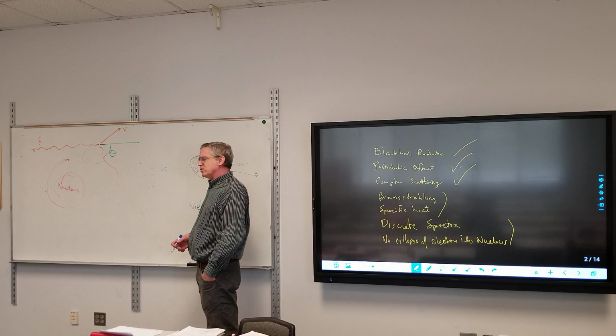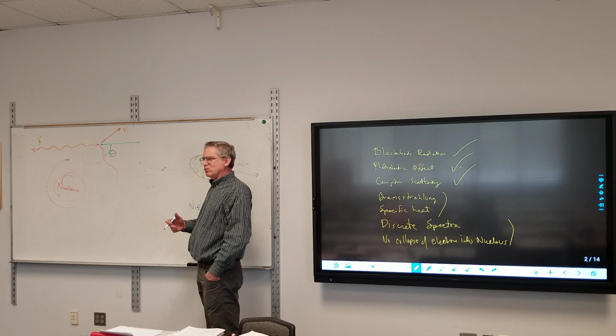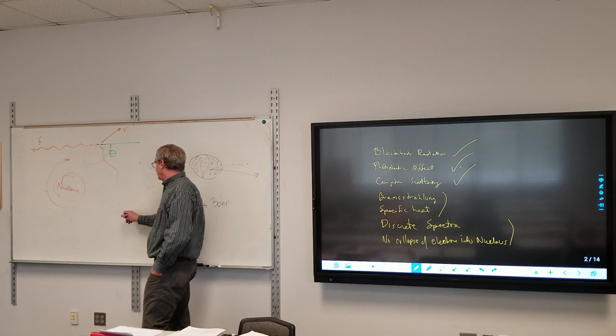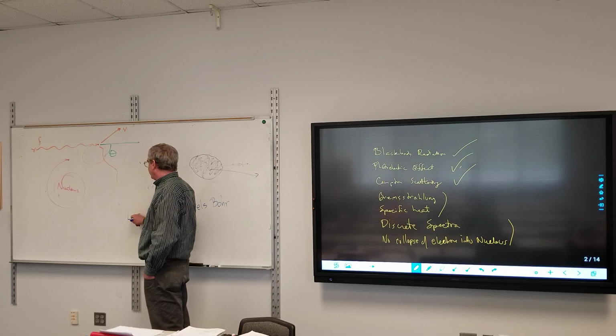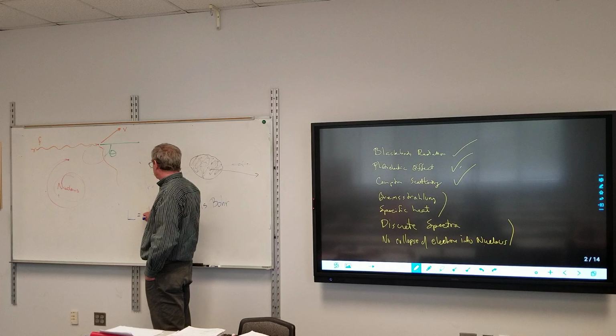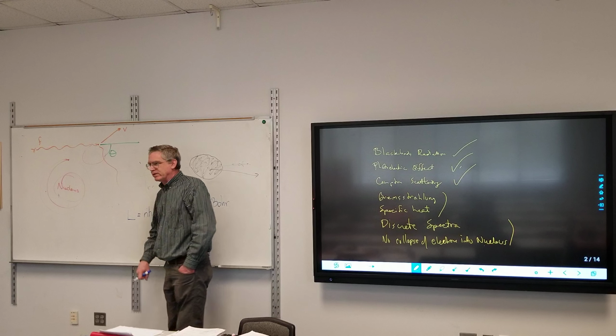I never read any of the history about why he decided to try this. But he came upon this idea that the angular momentum of the electron going around the nucleus is proportional to Planck's constant.